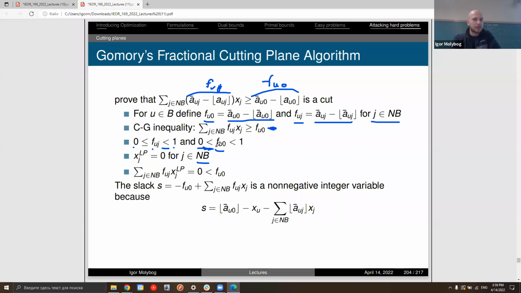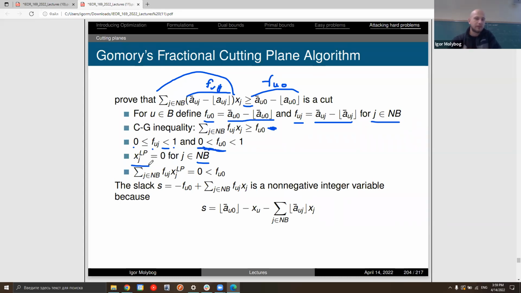Because fu0 is strictly greater than 0 just by our observation. So basically the left hand side is equal to 0 at the point, and the right hand side is greater than 0, and therefore this inequality does not hold at xLP.